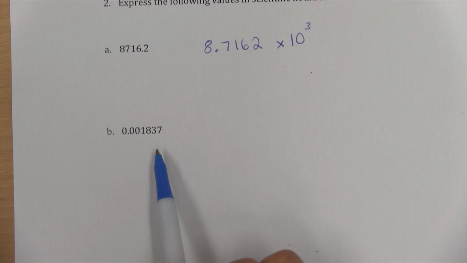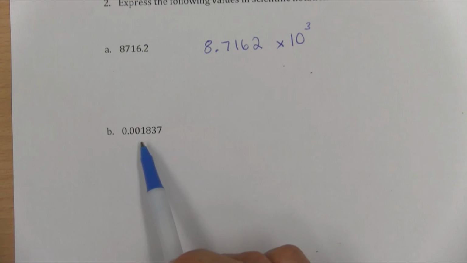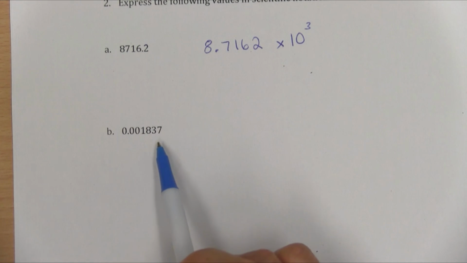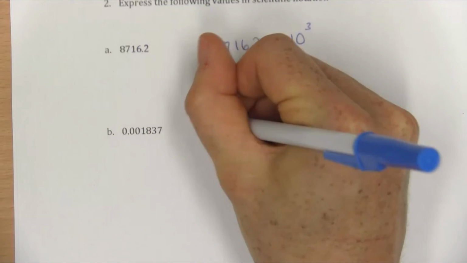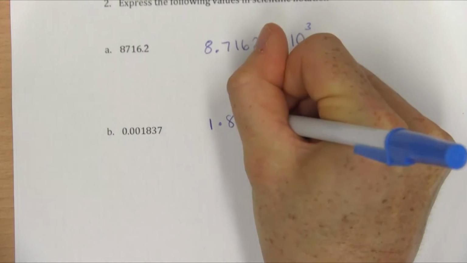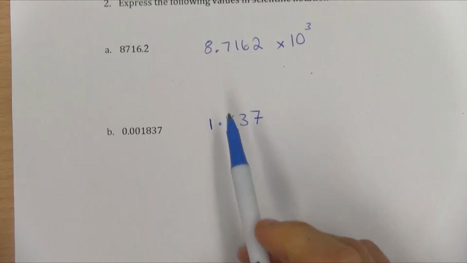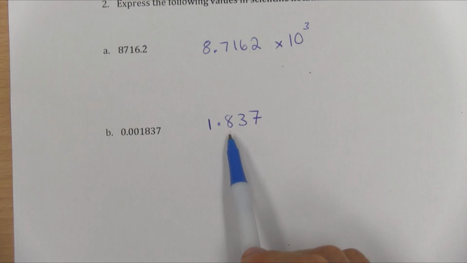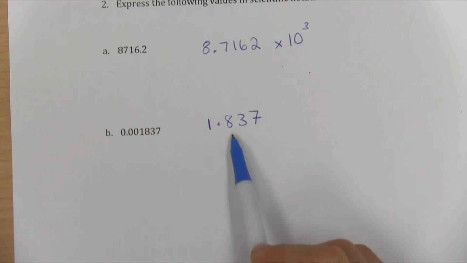Now if we move on to part B of this question. So again, this is written in the decimal form, and we want to now convert it into scientific notation. Let's firstly work out our coefficient. So our coefficient for this would be 1.837. Now the value of this exponent must be negative 3, since the decimal place in the coefficient must be moved to the left by 3 places to regenerate the original number.